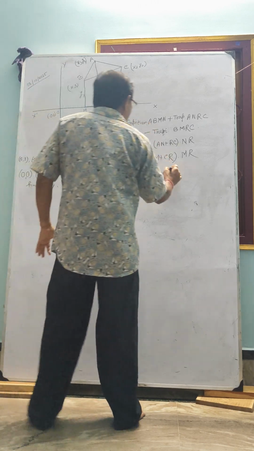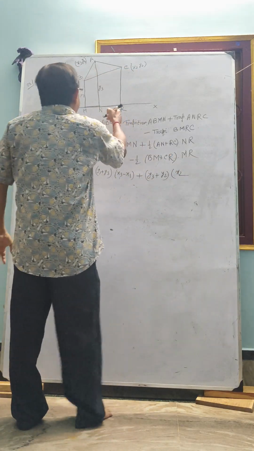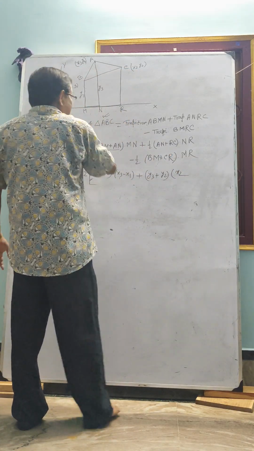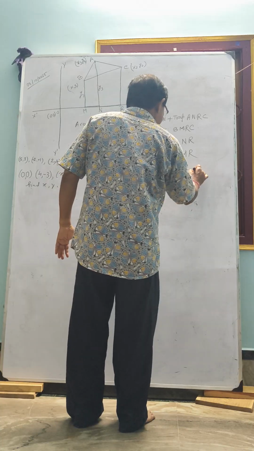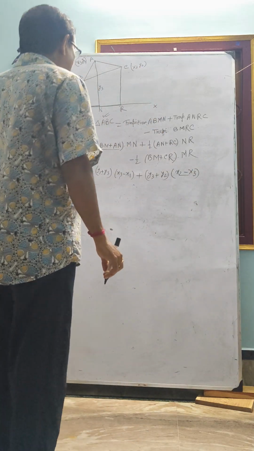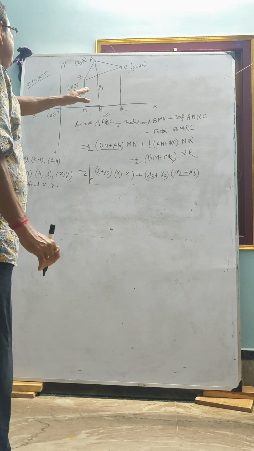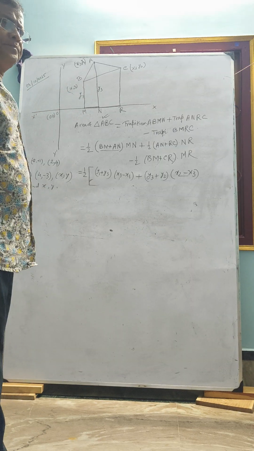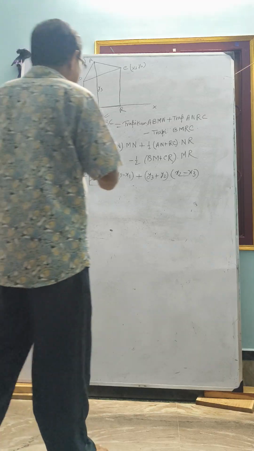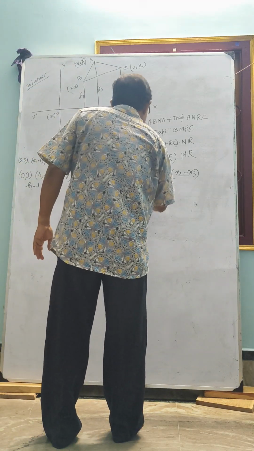OR, that is x2, minus ON, x3. Clear? So y3 plus y2 into x2 minus x3.